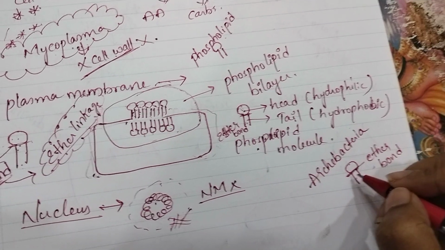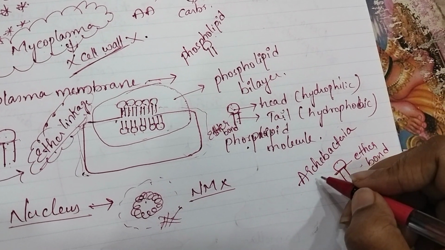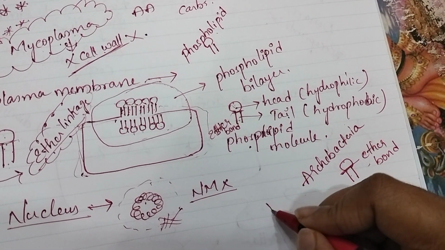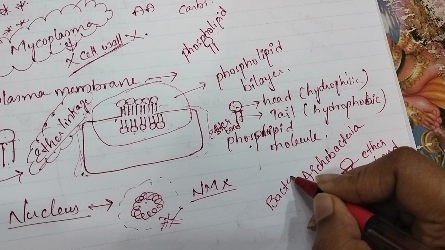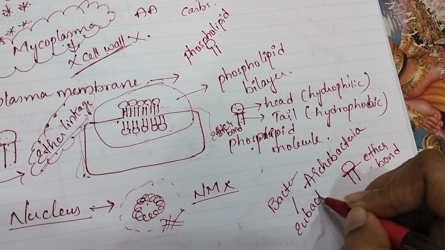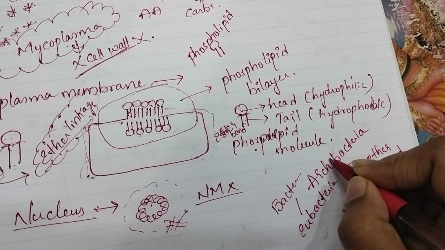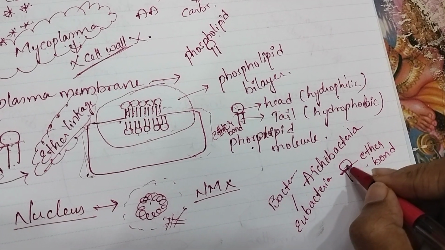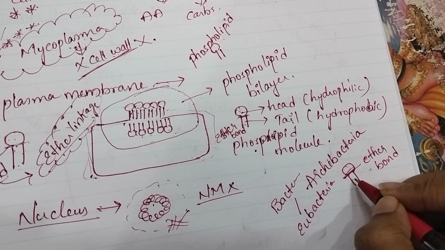Bacteria are actually divided into two types: eubacteria and archaebacteria. Archaebacteria have an ether bond between the head and tail.